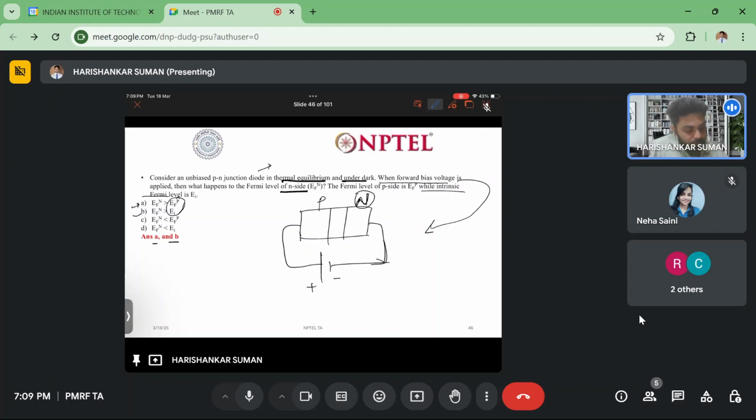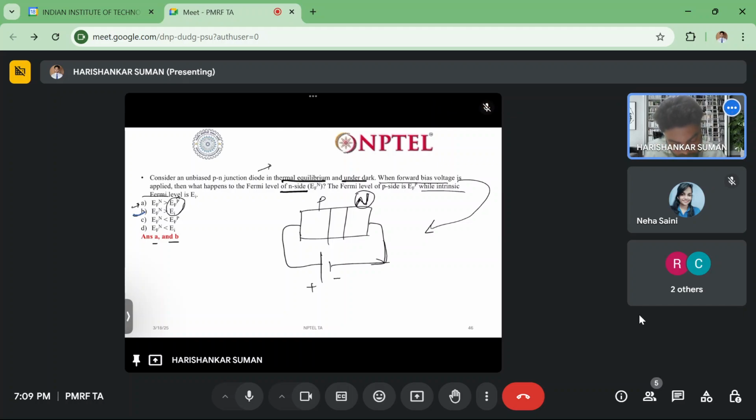The intrinsic level goes up toward the conduction level, and the Fermi level of n type is higher than the p type.